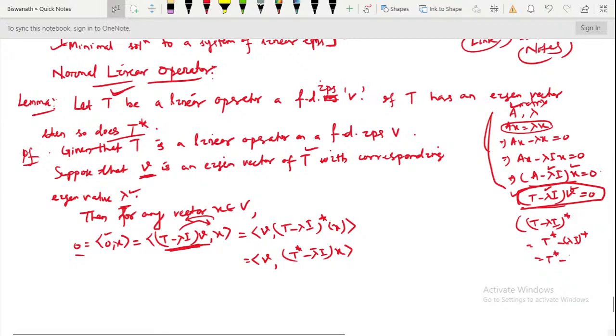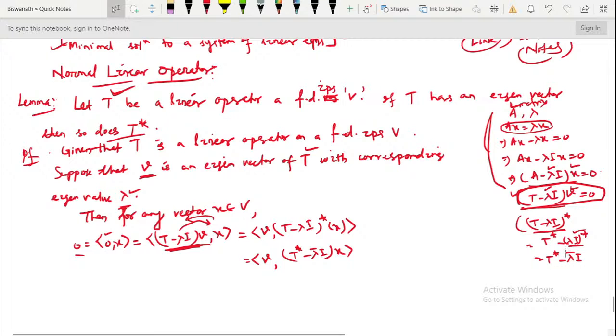If lambda is a complex number, then lambda star will be lambda bar. Then I is the identity matrix, and I star, star meaning the conjugate transpose, okay, in the last class we already discussed. So (T minus lambda I) whole star is equal to T star minus lambda bar I, because I star is I, and lambda is a constant, so only its conjugation appears here.